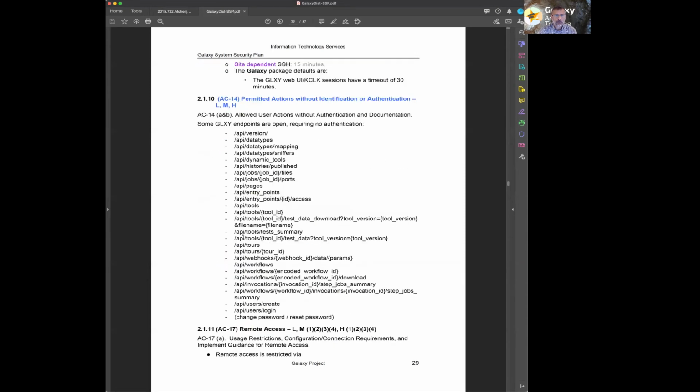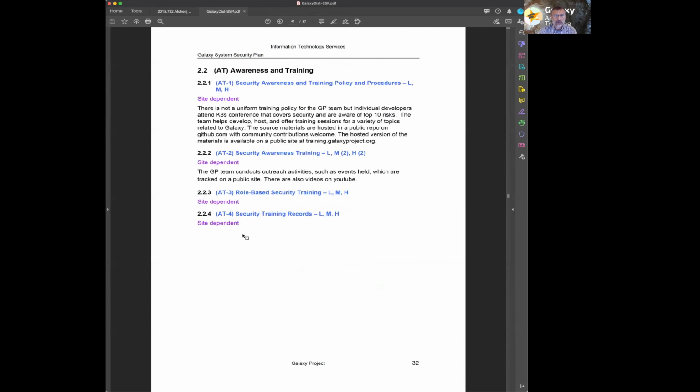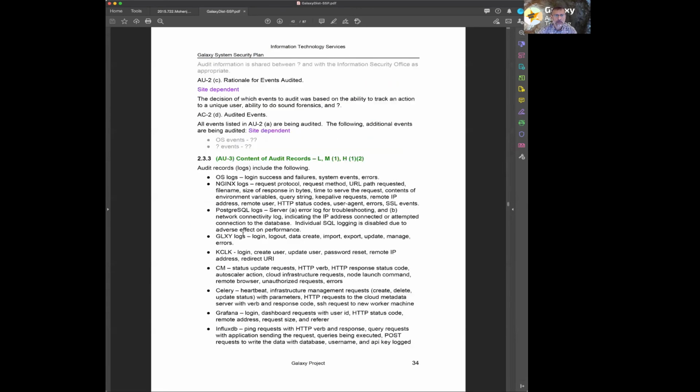Again, I will go through the controls in a little bit. Just wanted to show you the various control families, just the structure of the document. So we get into all these different control families.